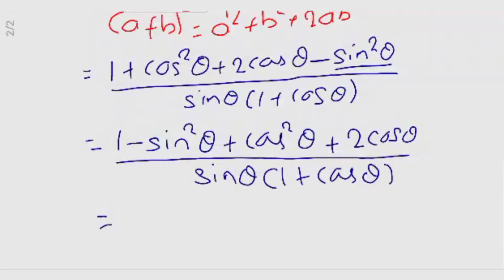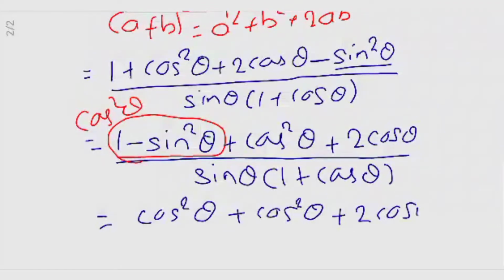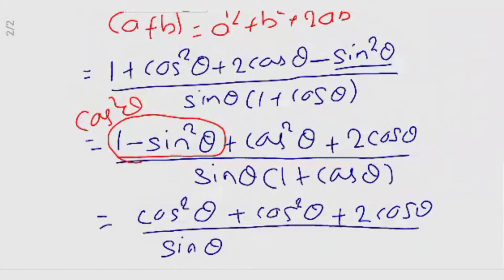So now here 1 minus sin square θ we can write cos square θ, because we know the identity sin square θ plus cos square θ is equal to 1. So here we can write cos square θ plus cos square θ as it is, and plus 2 cos θ, and this divided by sin θ (1 + cos θ) as it is.